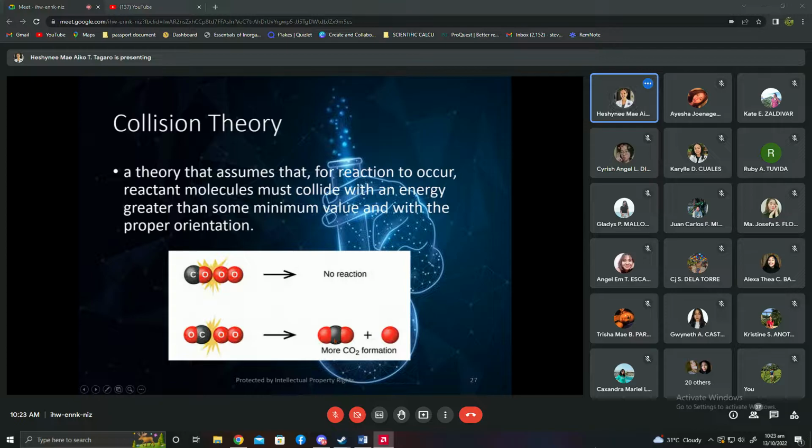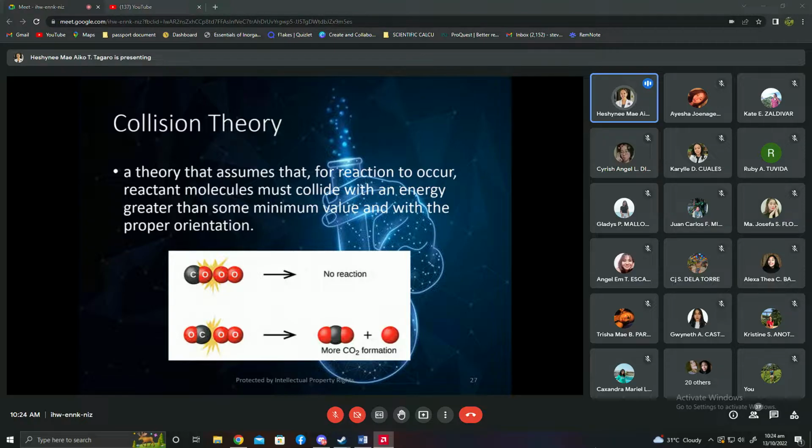Because in determining the proper orientation of the reacting molecules, we need to take into consideration how they bond with other atoms. All right. So the orientation of the colliding molecules partially determines whether a reaction between the two molecules will occur.